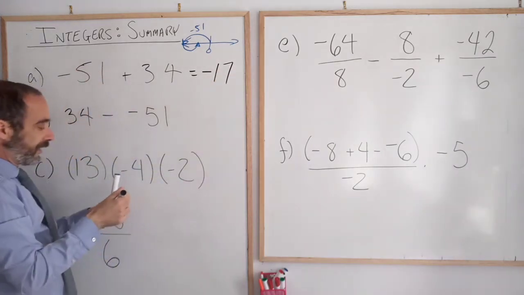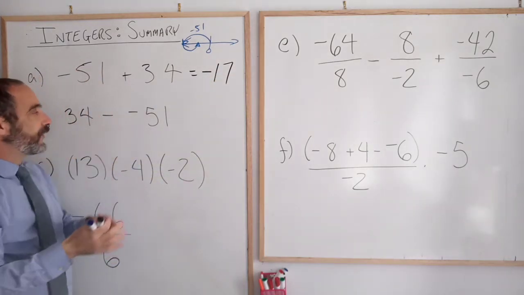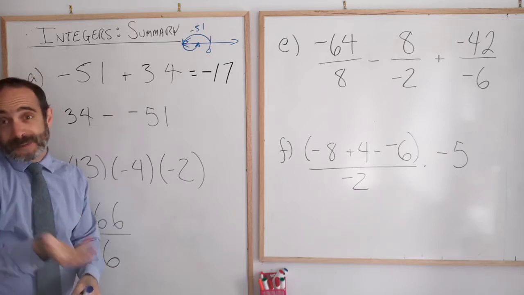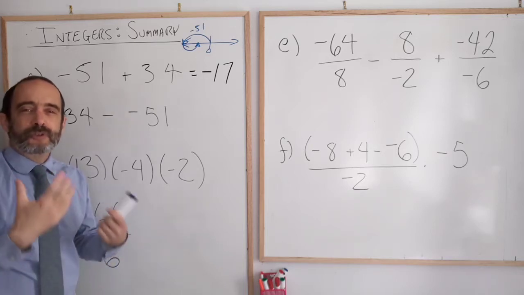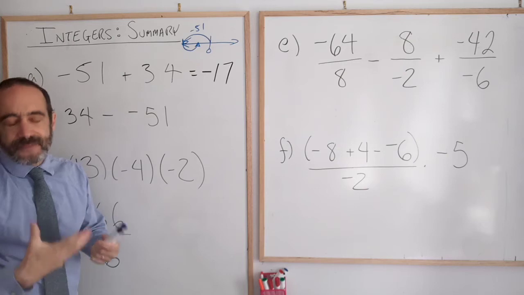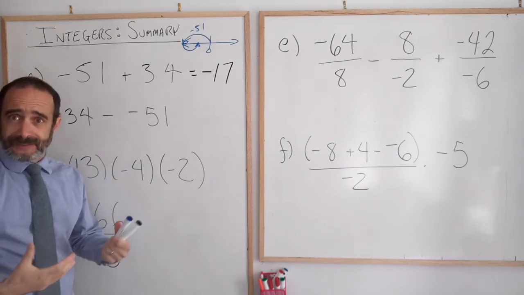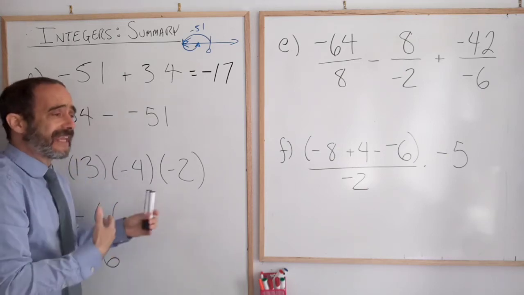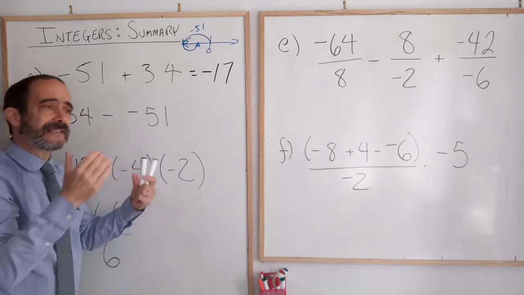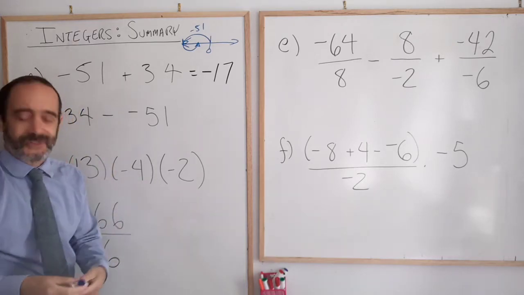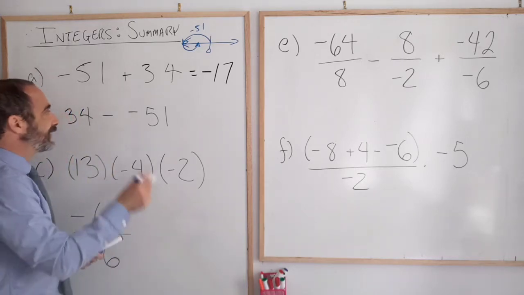Okay. And then for this one here, we're subtracting a negative. You'll remember that subtracting a negative is the same thing as adding a positive, right? Subtracting debt, taking away debt, is the same as giving money. So those are identical ideas.